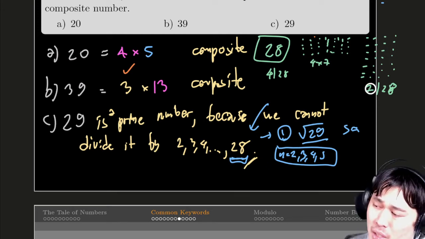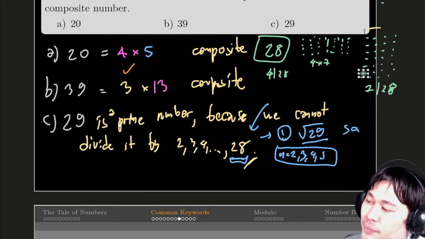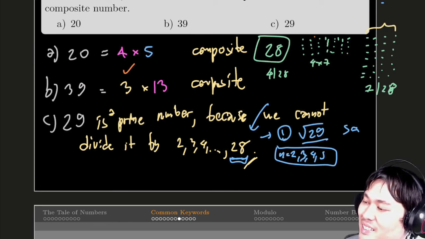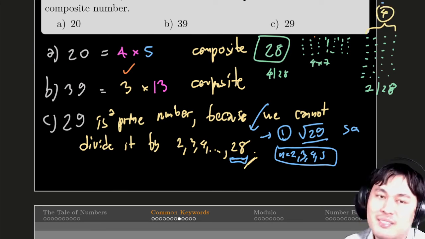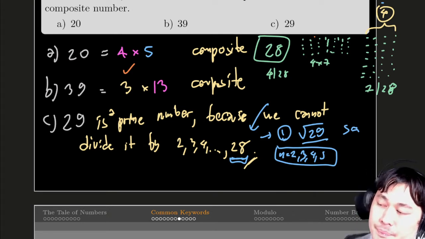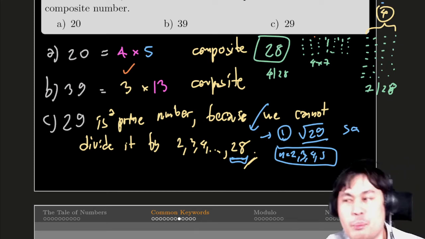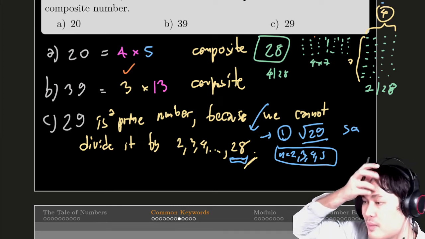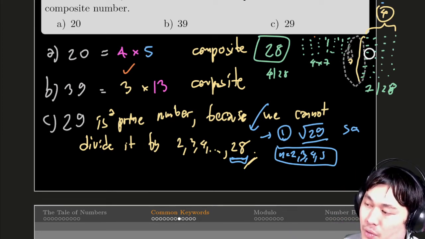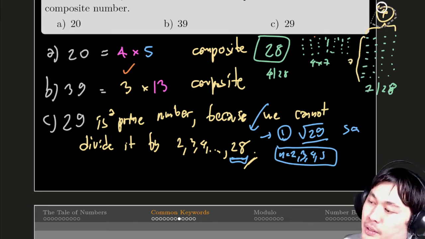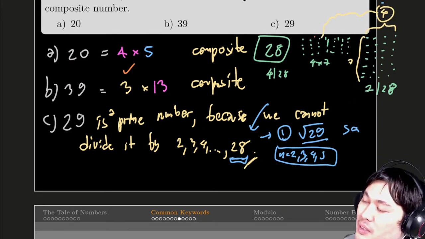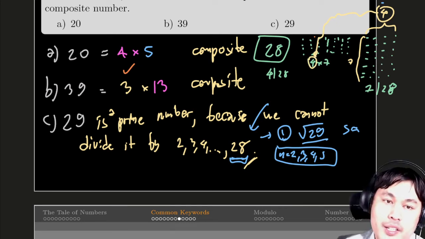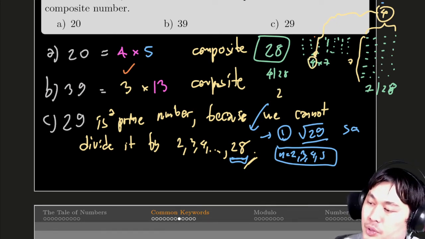You may notice that if you can divide 28 by 7, then the number 4 here also divides 28. If 7 divides 28, then 4 also divides 28. So if you test 7 and you get the result 4, then you should have found 4 already if you test from 2, 3, 4, 5, 6, and so on.